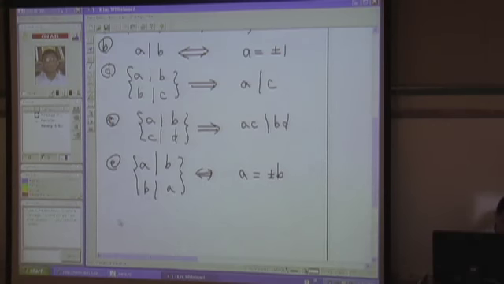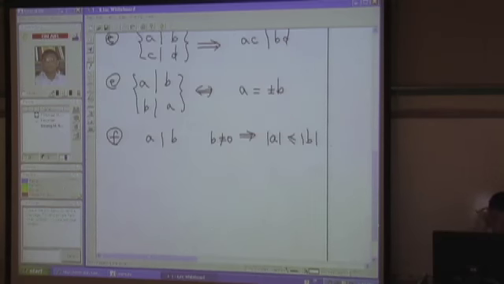Finally, no, this is not final. If A divides B and B is not 0, then the absolute value of A is less than or equal to the absolute value of B. If B is equal to 0, the absolute value is smaller, but if we exclude this trivial case, then the absolute value is greater.